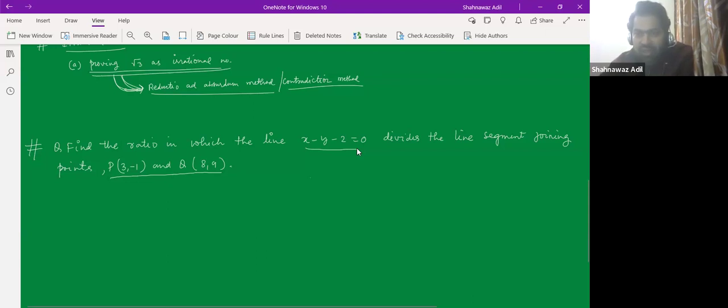Yes, sir. So the first step is to assume the ratio is k to 1. Then we find the coordinates x and y, and third we put this value in this line. So these are the 3 steps that we have to follow.